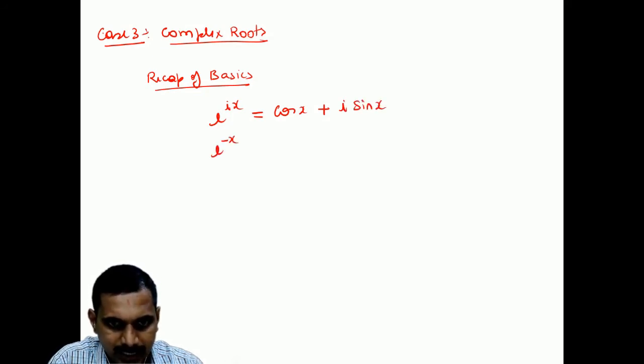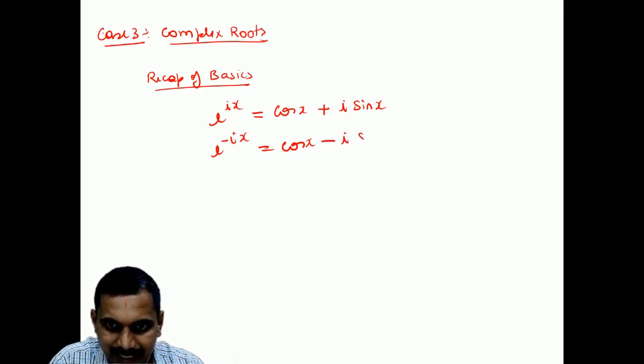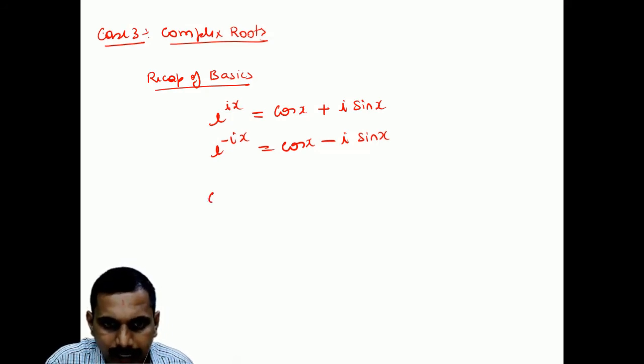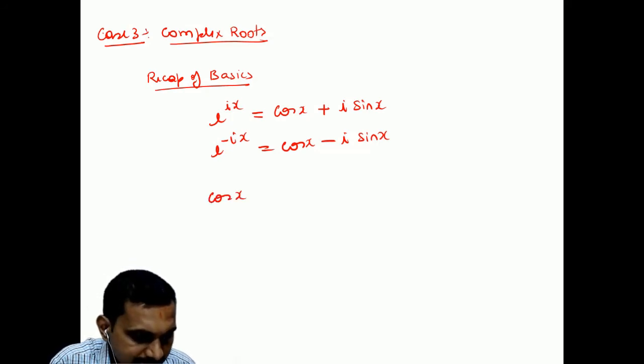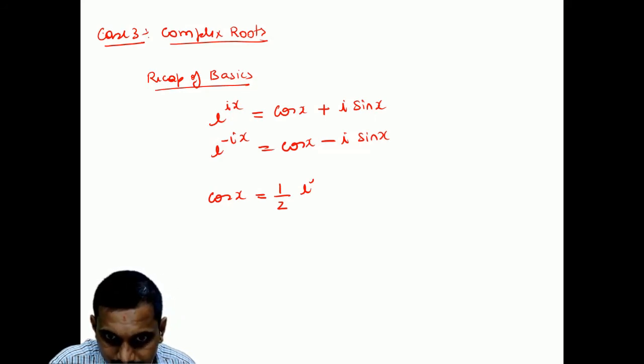And e power minus ix can be written as cos x minus i sin x, correct? These two things we know. Another thing, we can also write cos x as equal to half of e power ix plus e power minus ix, correct?